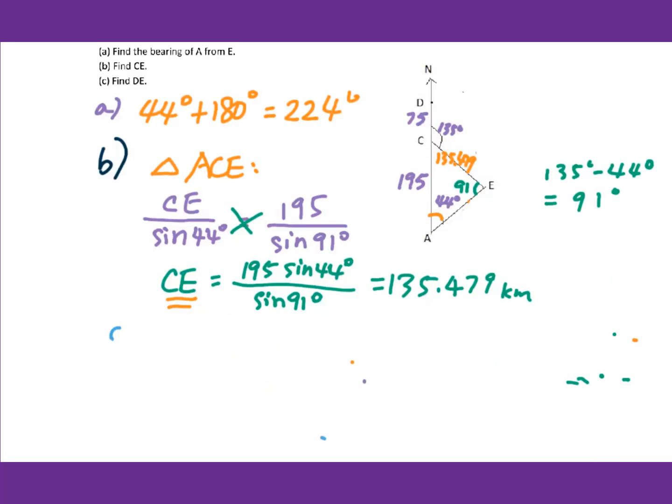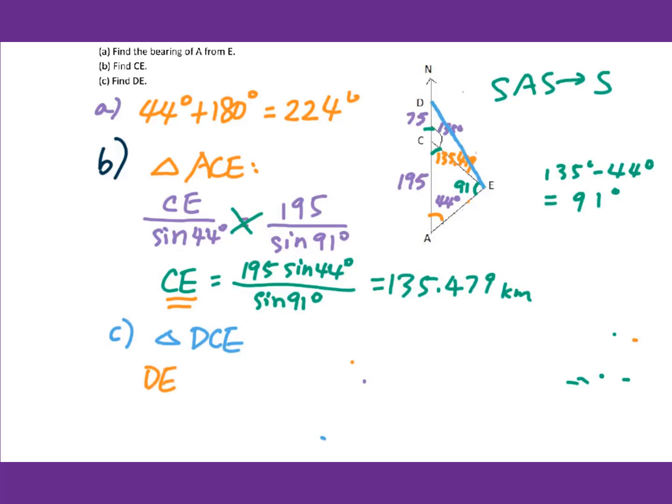Now let's go to C, find the DE. So we connect DE first. For triangle DCE, we are given the SAS pattern. So if we have SAS to find the remaining side, we have to use the cosine law.